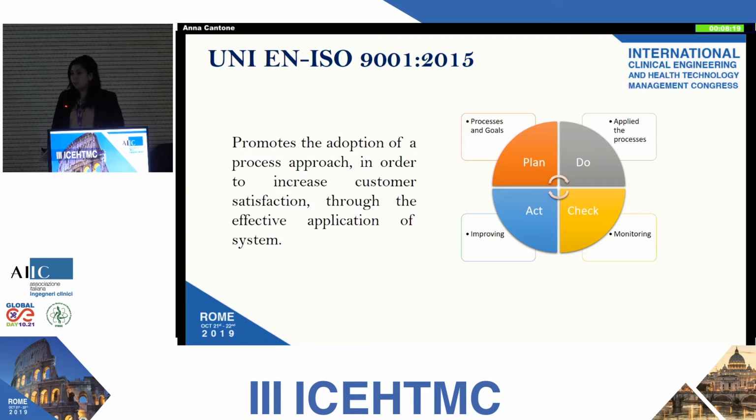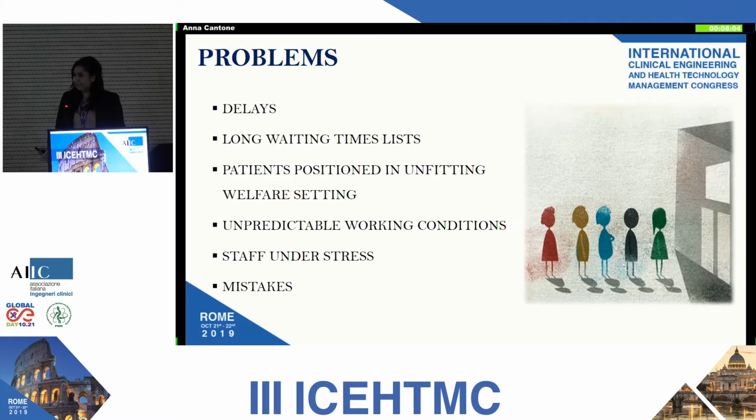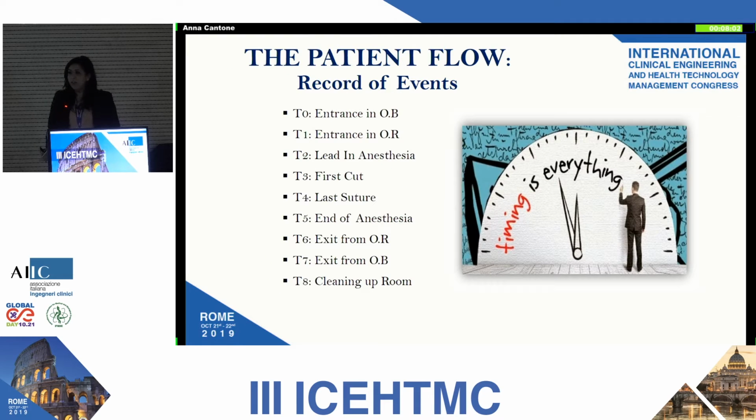Of course, before defining processes and goals, it's important to have a clear picture of the reality, in this case of the patient flow of this operation block. So the first step of this project is the analysis of the patient flow with the record of events.